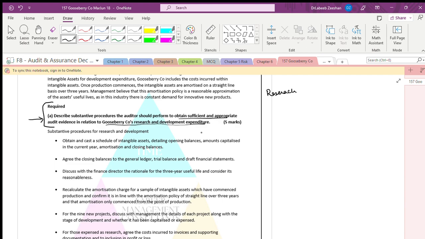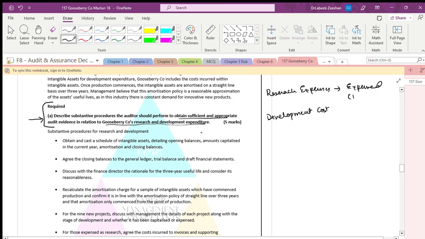Research is expenses, and development is cost. Whenever we use that terminology, research expenses are going to be expensed and shown in the income statement, whereas development cost will be capitalized, and it will definitely be shown in the statement of financial position.